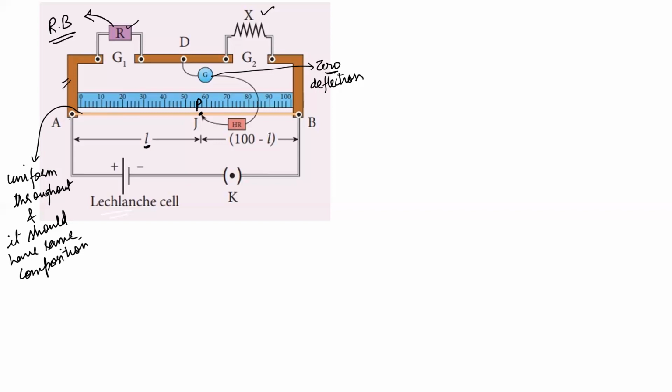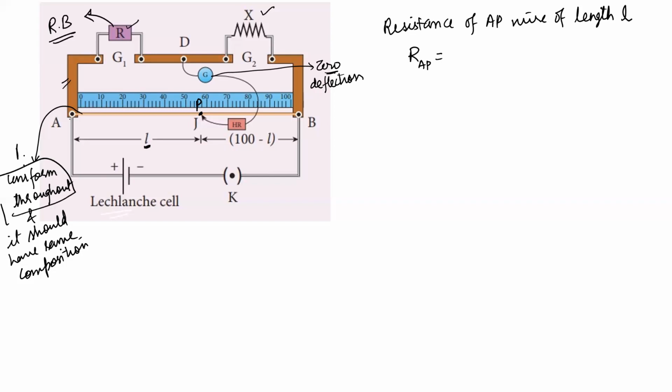So now what we can see is, the resistance of the AP wire can be determined as RAP. This AP wire is of length L, and area, it is uniform throughout. That means area remains the same. So we had assumed its area as A. So RAP, same composition means resistivity is going to remain the same.